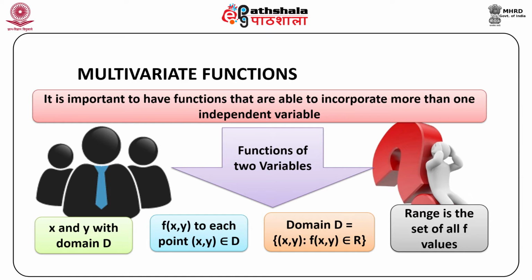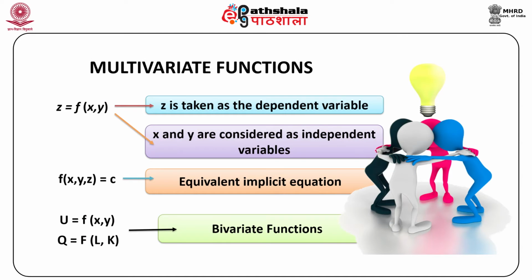In economics, it is often crucial to be clear about the domains of the functions being used. Conventionally, z is taken as the dependent variable, like y in ordinary functions, and x and y are considered as independent variables. Thus, a function of two variables is written as z is equal to f(x, y).